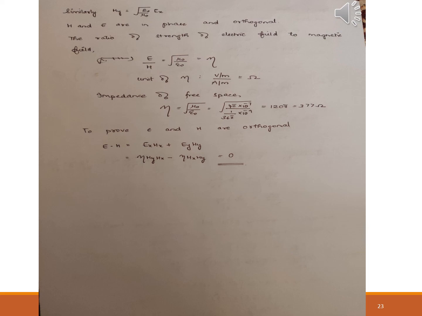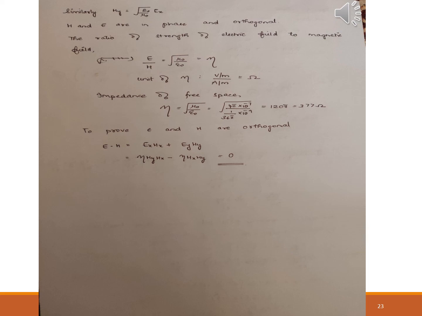What is the dot product equal to? E dot H is the magnitude of E times the magnitude of H times the cos of the angle between E and H. If two vectors are orthogonal, their dot product should be 0. That is a concept that you all know. So when you take the dot product E dot H, it is Ex Hx plus Ey Hy.